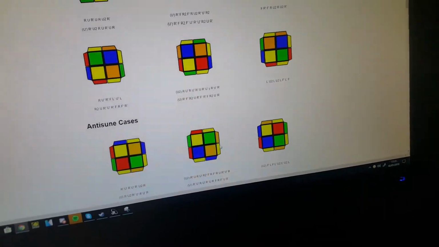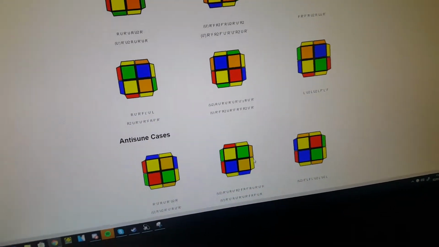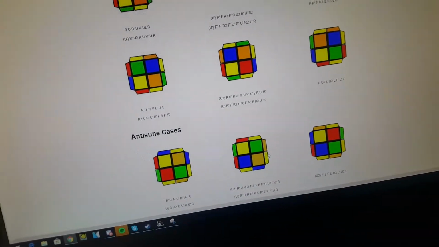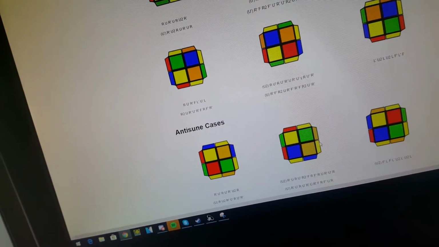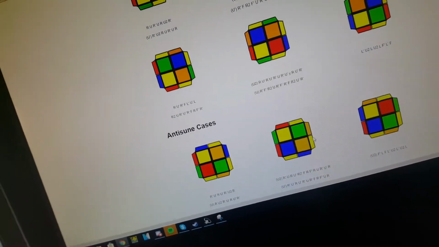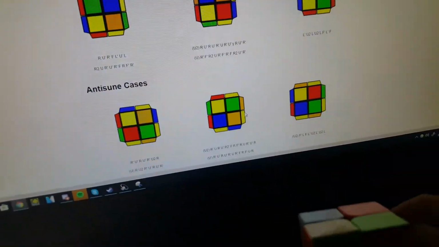Recognise it from, sorry about this. I'm doing this one-handed with my right hand. That does not work. So, you'd recognise anti-SUN from this angle, because then the recognition is just exactly mirrored of SUN.